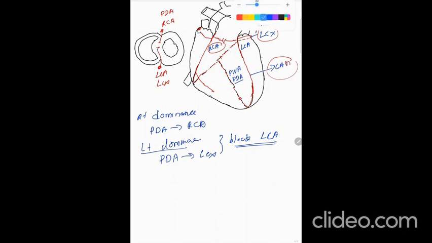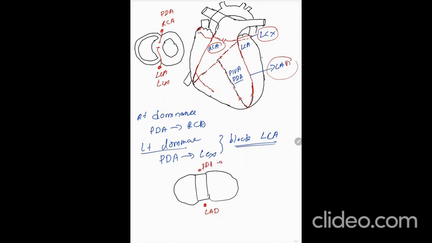In a left dominant heart, just see here, I'm drawing the interventricular septum. This is the right ventricle and here is the left ventricle, and this is the interventricular septum. Normally, here is the left anterior descending and here is the PDA.